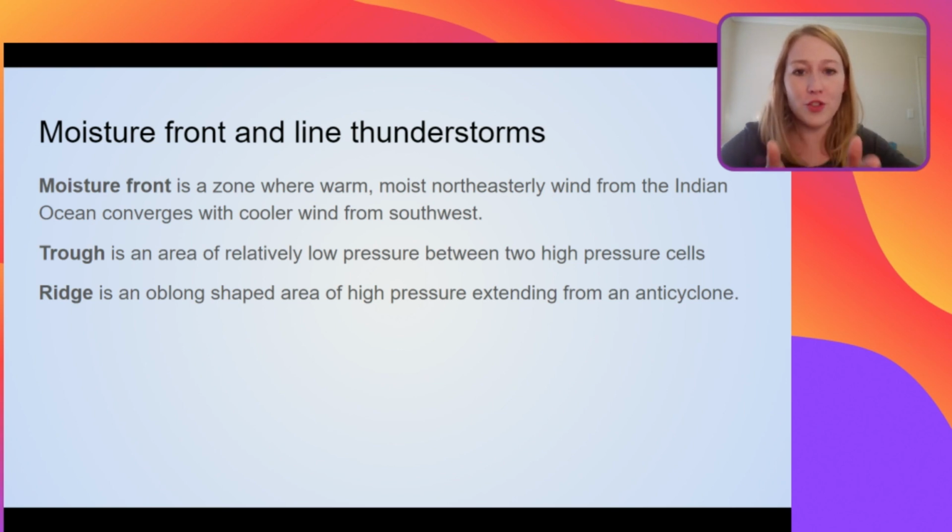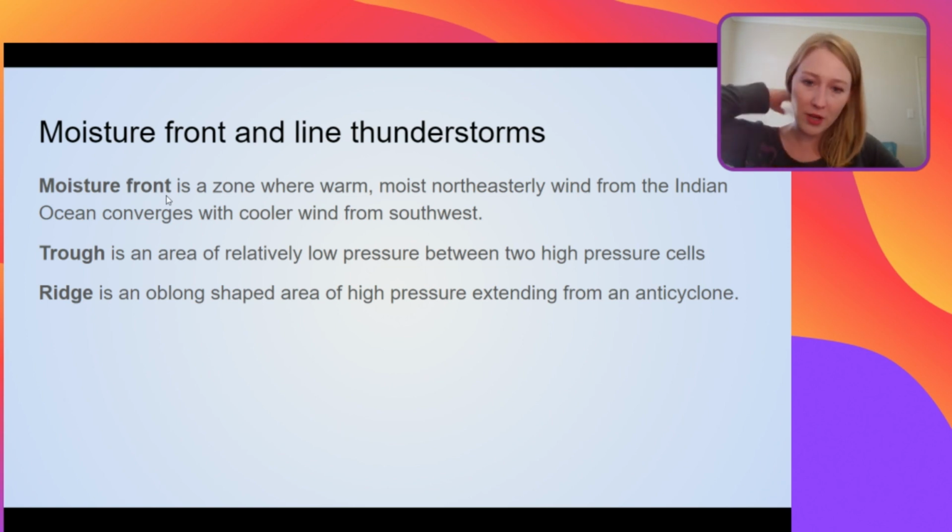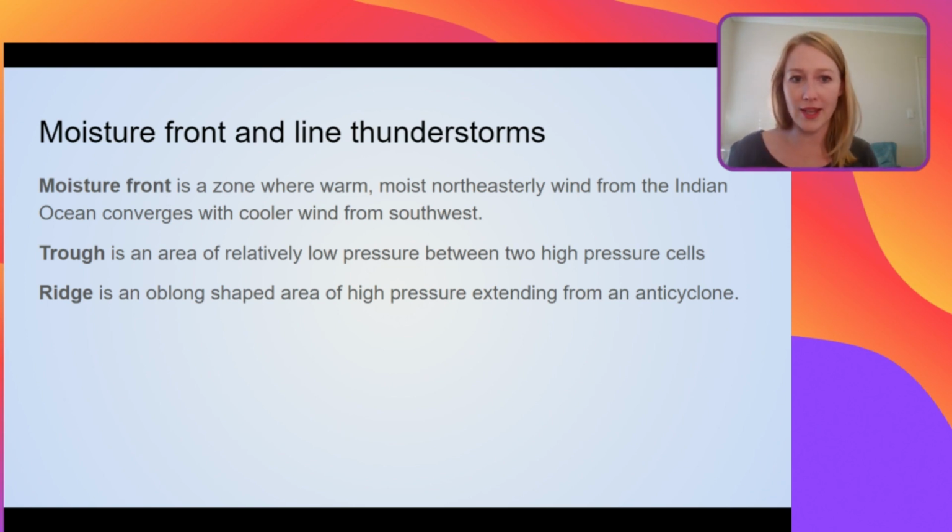Where you have two areas of different moisture air, you have a moisture front. So it's a place where you have warm, moist air meeting cold, dry air. In this case, it's moist air from the Indian Ocean and dry air from the south or western part of the ocean.